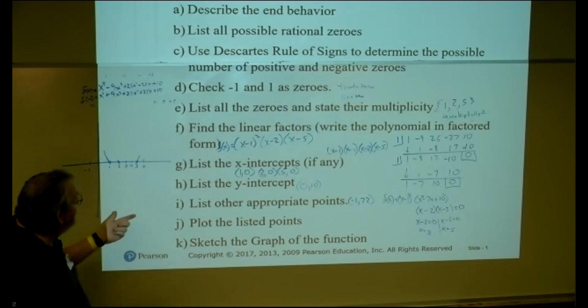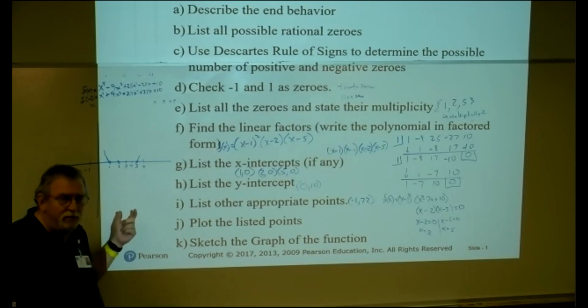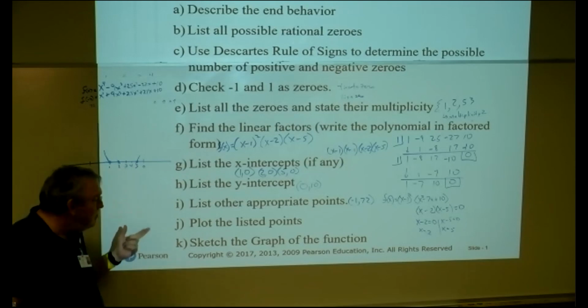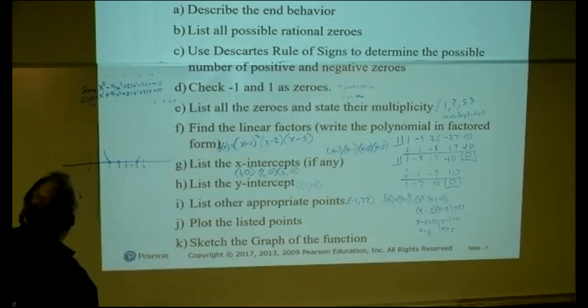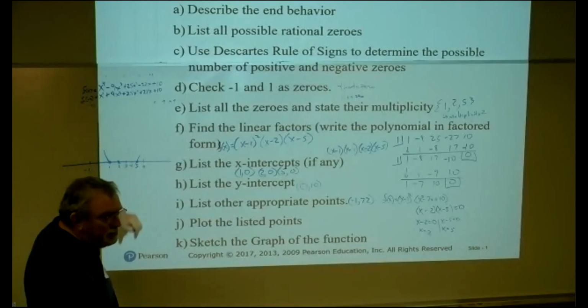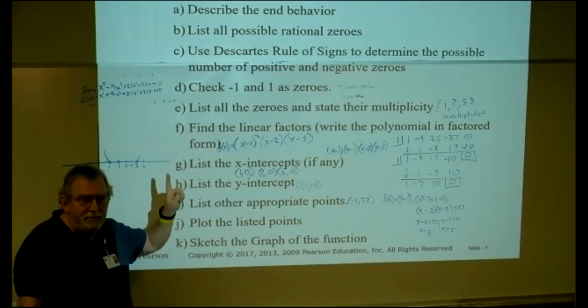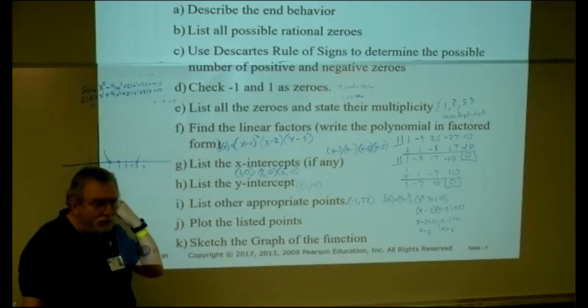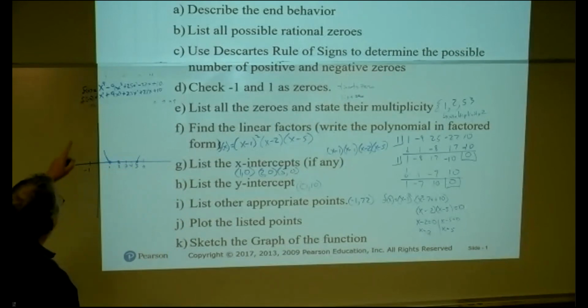And for x to the 4th, it will be an absolute minimum. If you have an even degree polynomial function, you will have either an absolute minimum or an absolute maximum, like x squared.